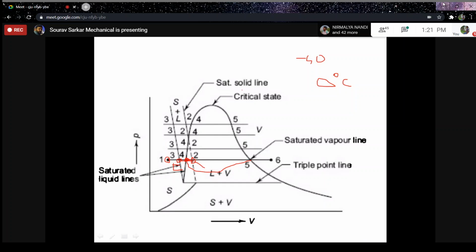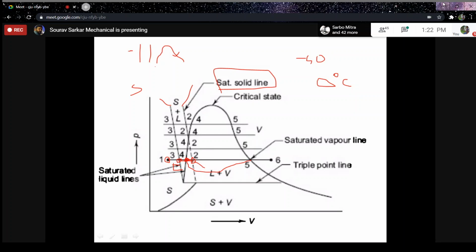Yes, this is the saturated solid line, and this is the saturated liquid line. Previously, this one is your solid line, this one is your saturated liquid line, and this one is your vapor line.